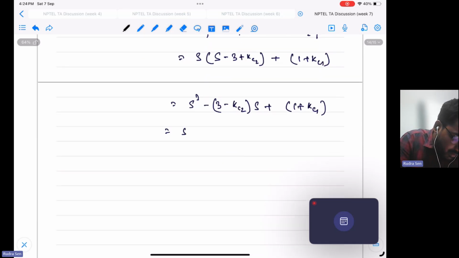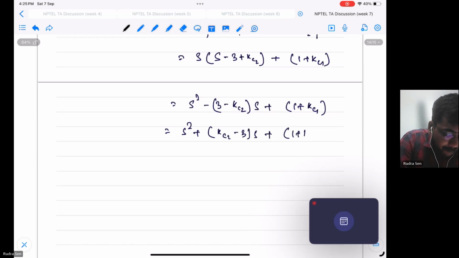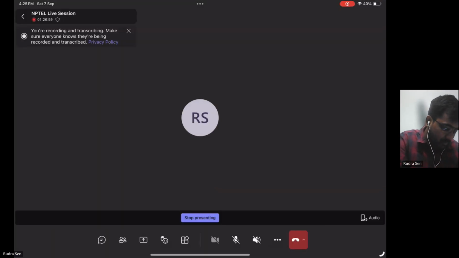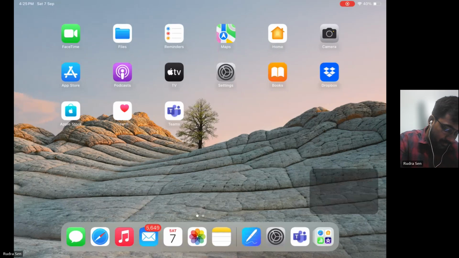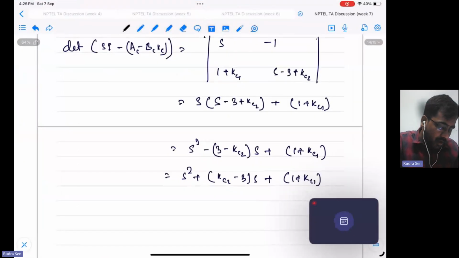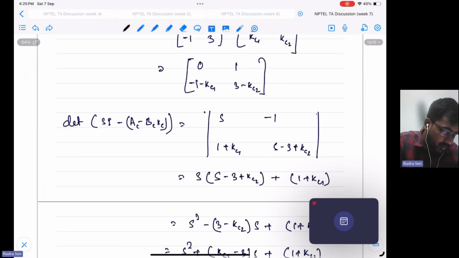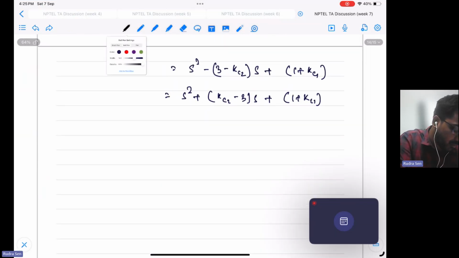We can write it in that format. Now we have our desired pole location. Let's say this is equation number 1.